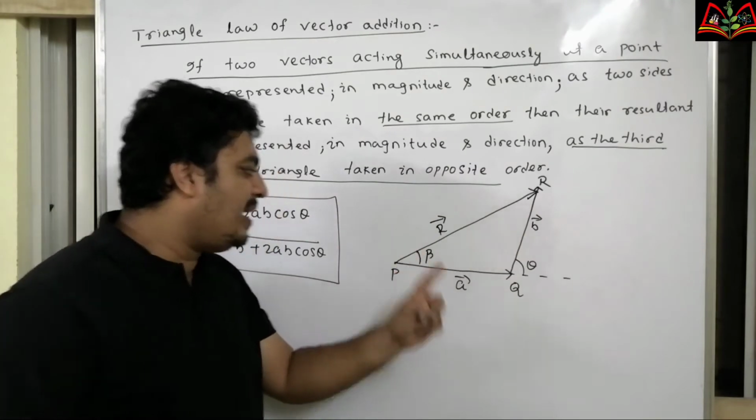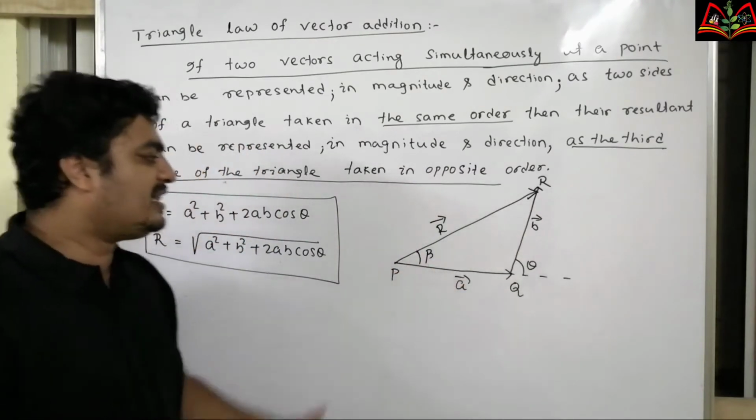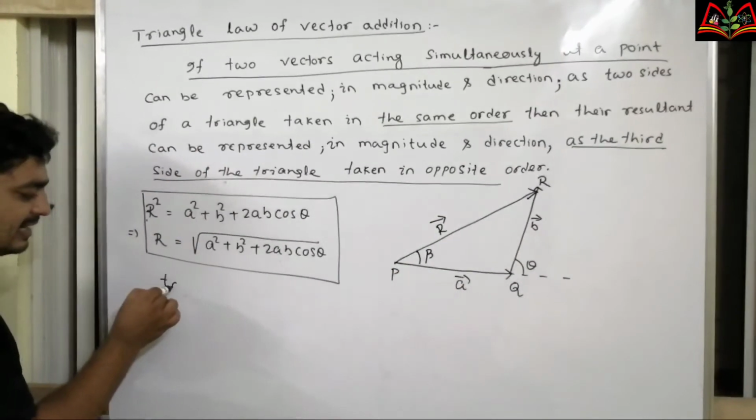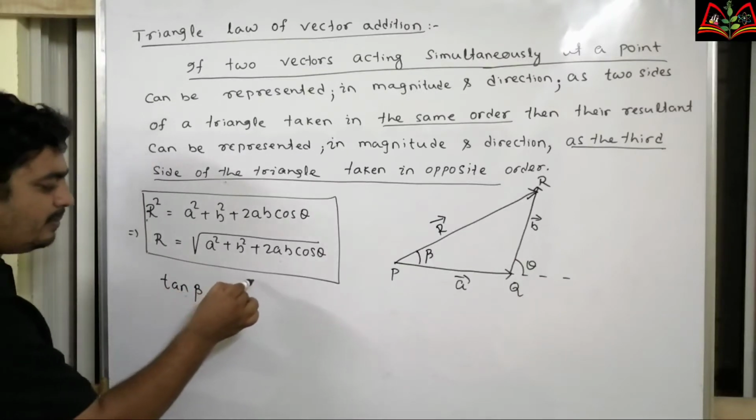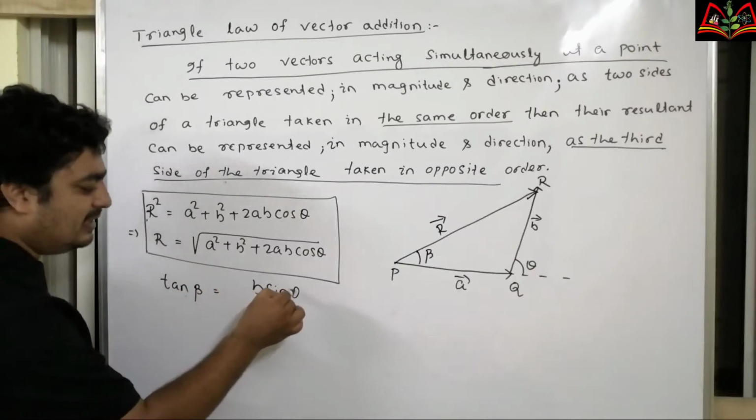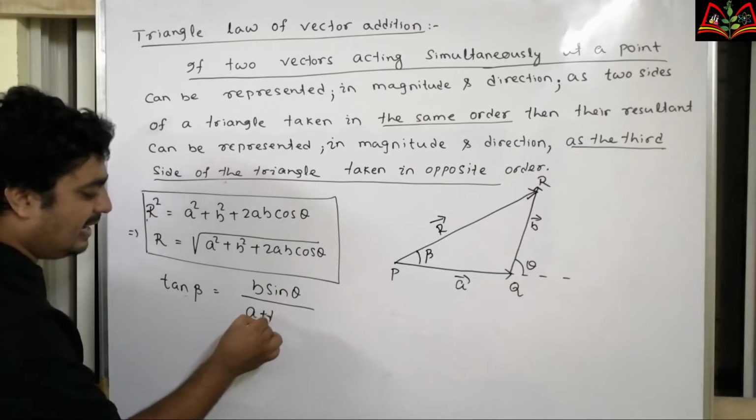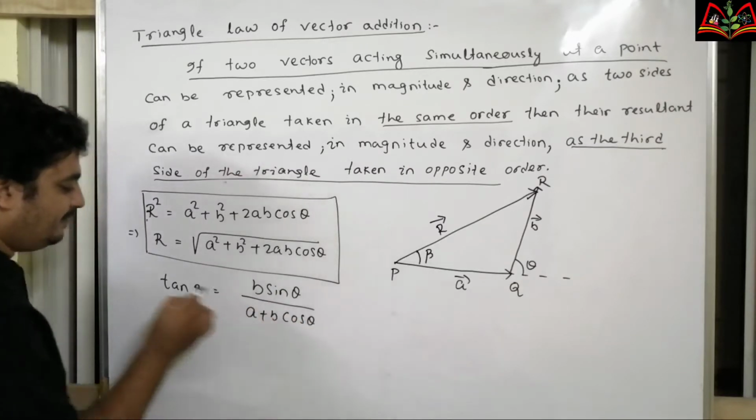Now, if R makes an angle beta with A, then tan beta equals B sin theta divided by A plus B cos theta.